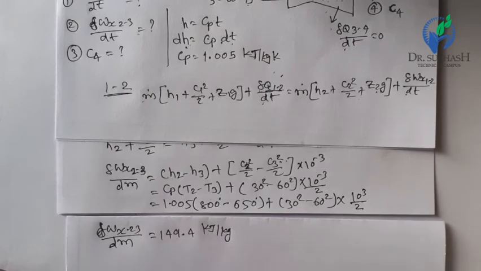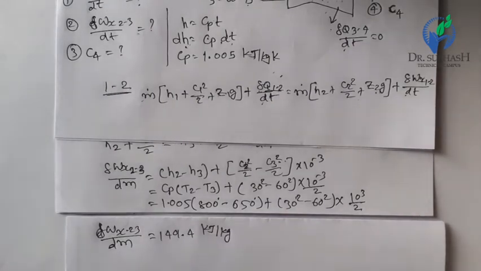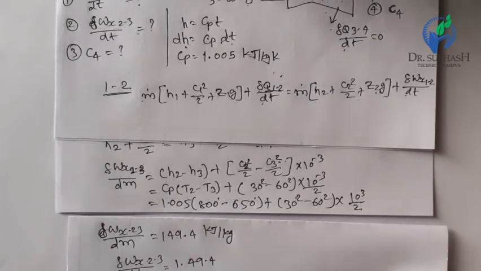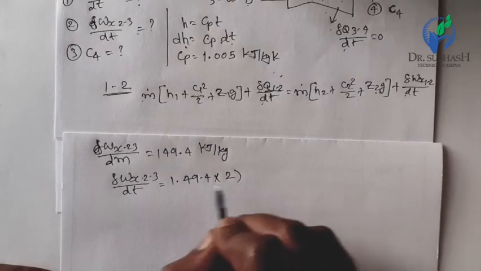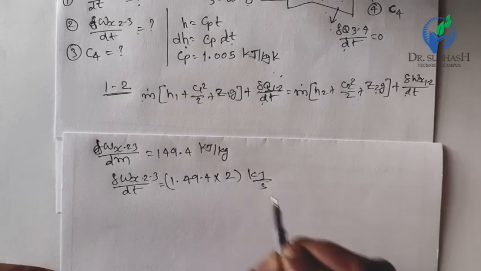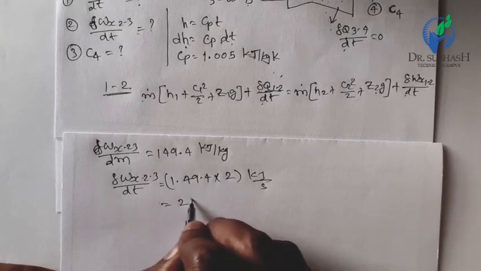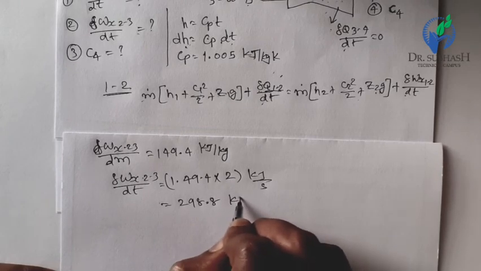If we multiply on both sides with the mass flow rate, then we get 149.4 times 2. So the whole answer will become kilojoule per second, and the answer would be 298.8 kilojoule per second, or simply kilowatt, because always work is measured in terms of watt in the rate form. So this is the second answer we get here, which is shaft work of the turbine.